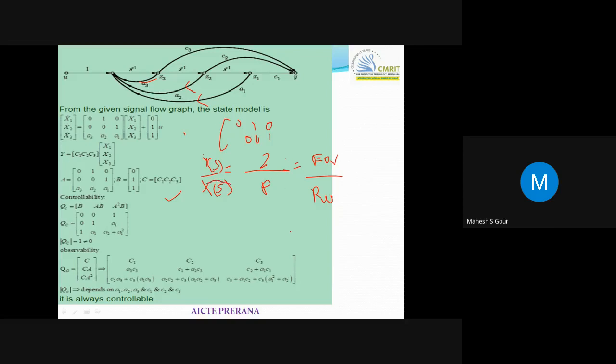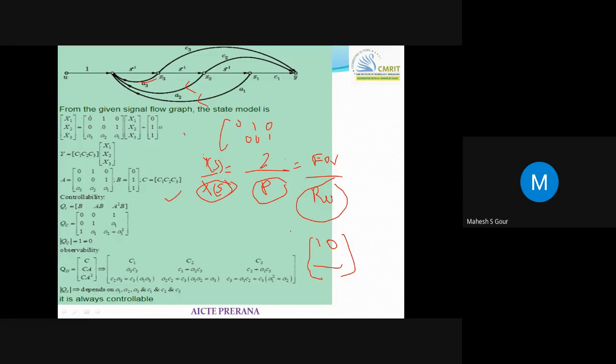So now for x of s, what are their poles? Poles means you will be having the feedback path, so the feedback path you need to write. When you're writing in the signal flow graph, it is always sure that it will be in this format: 0, 1, 0 and 0, 0, 1. If it is 2 cross 2, it will be 1, 0 and you will be having some numbers here.